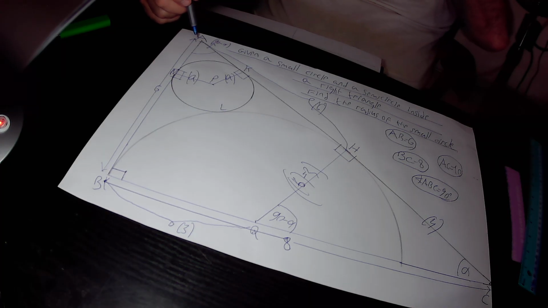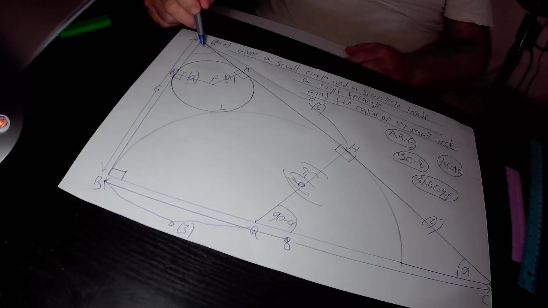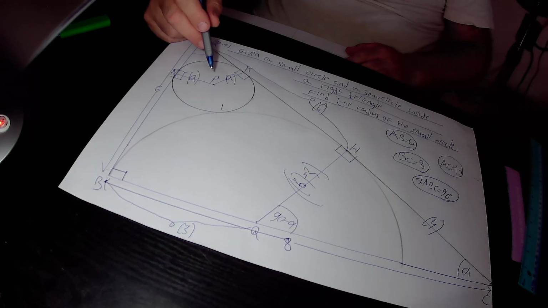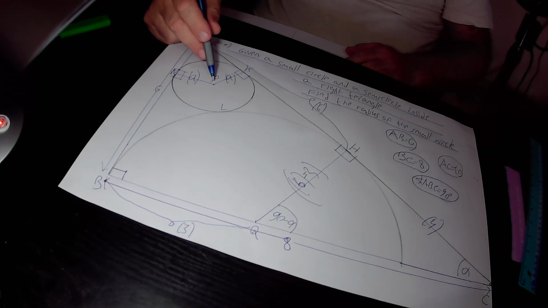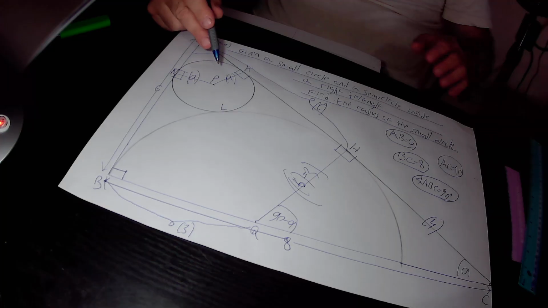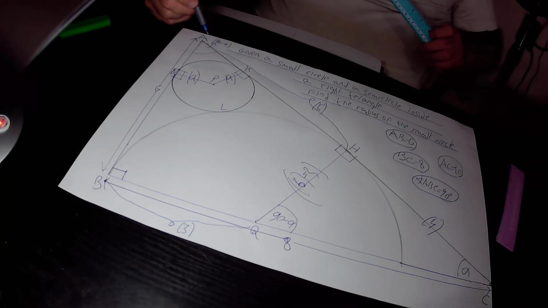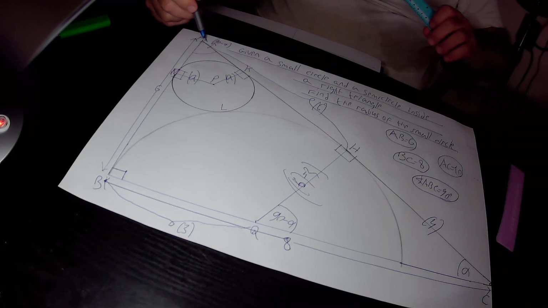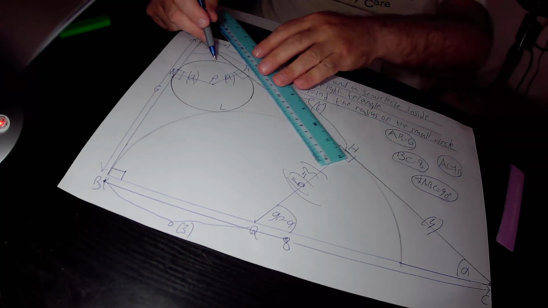And according to rule 15, the angle bisector of this angle A must pass through point P, that is the center of this circle. So I'll draw the angle bisector of angle A, and it must pass through point P.